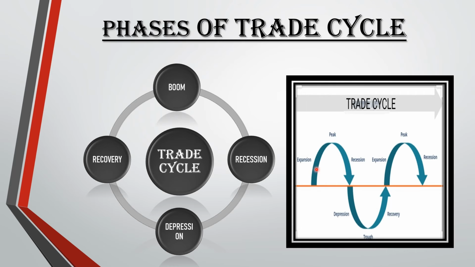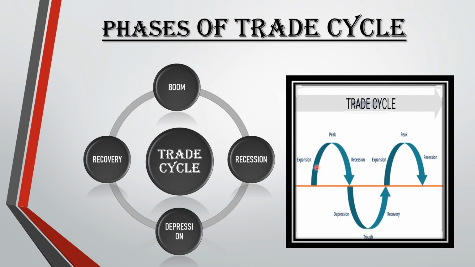In this stage there is an increase in positive economic indicators such as employment, income, output, wages, profit, and demand and supply of goods and services. Debtors are generally paying their debts on time, which is a very good thing for the business. The velocity of money supply is high and the investment is high.